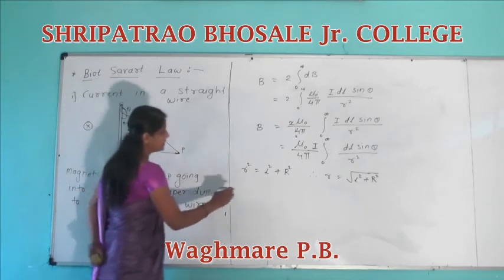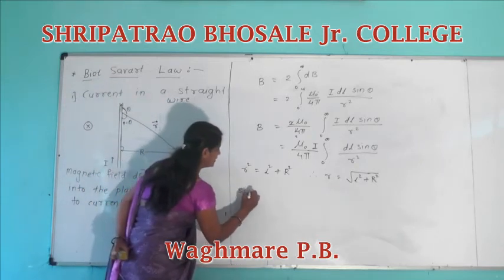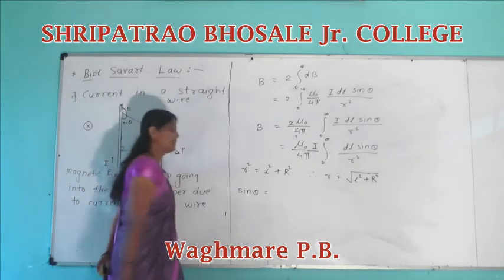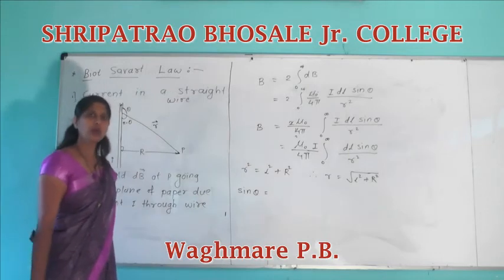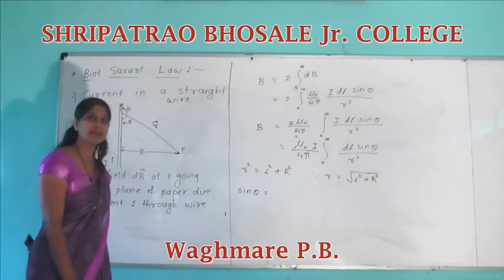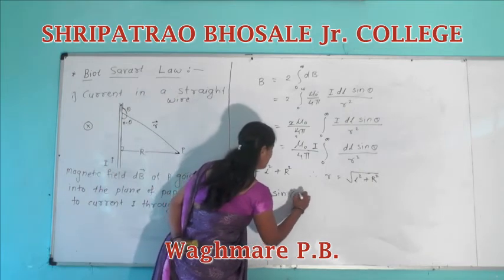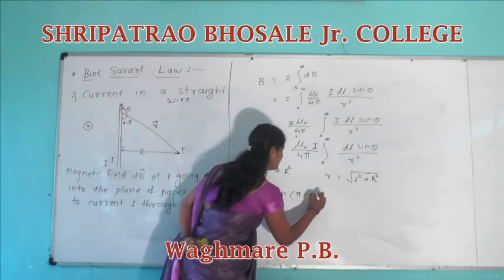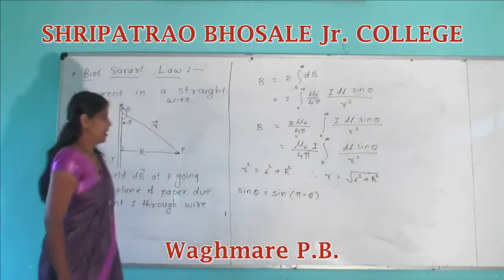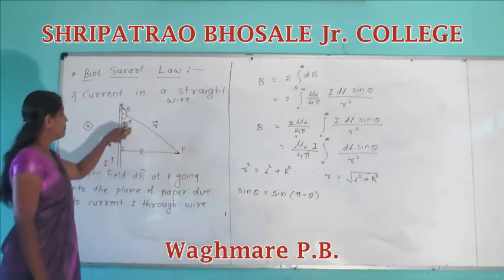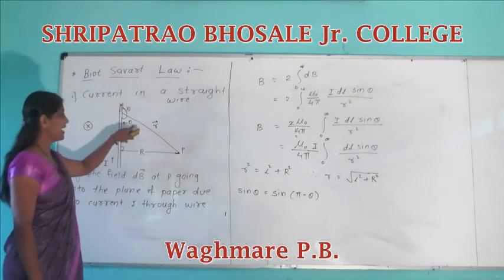We know the mathematical formula that sin theta is equal to sin of pi minus theta. By considering this triangle, pi minus theta is this angle.